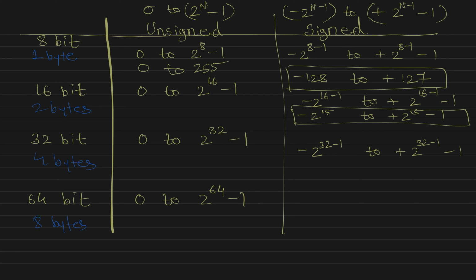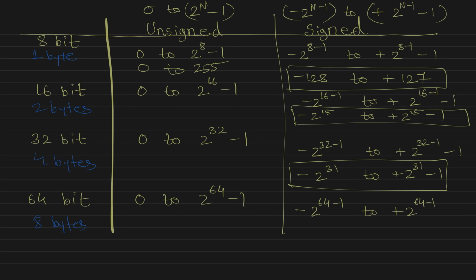So this means minus 2 raised to 31, to plus 2 raised to 31 minus 1. So again this would be the range for a 4 byte integer. Okay, and similarly if we do the math for a 64-bit integer, what would be the value? It would be minus 2 raised to 64 minus 1, to plus 2 raised to 64 minus 1 minus 1. So this is minus 2 raised to 63, to plus 2 raised to 63 minus 1. So this is how we get the ranges for various sizes of integers.